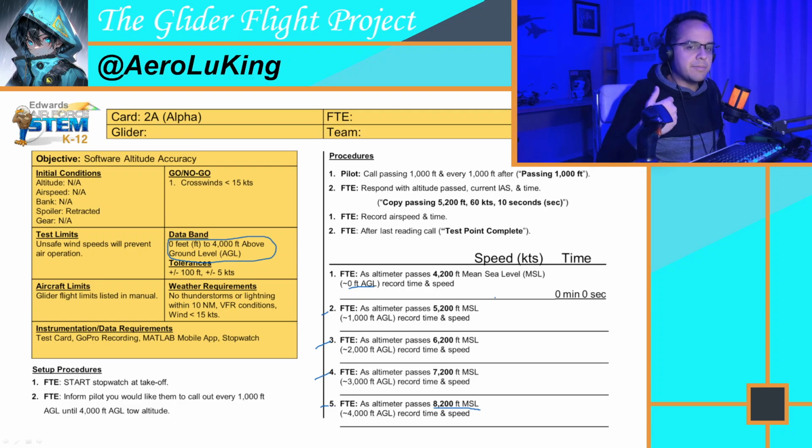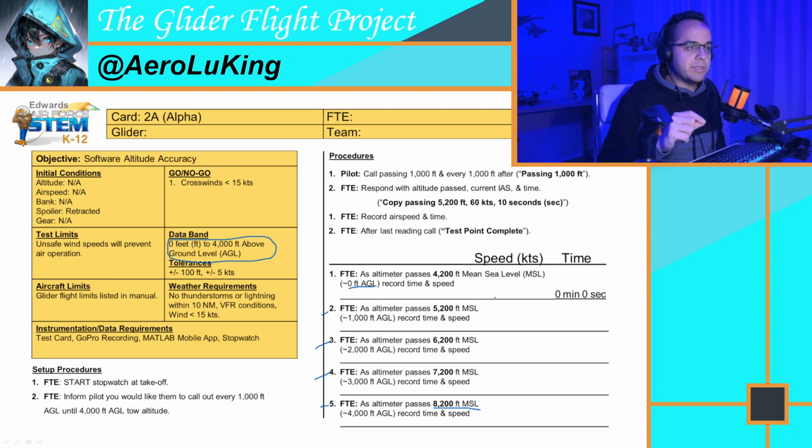But let's say they say, yeah, sure, that's no problem, I'll do that. So the expectation as the procedure is saying, hey, pilot, as you pass 1,000 feet and every 1,000 feet after, please state passing 1,000 feet. Once they say that, it will be your job as you pass 1,000 to write down what the speed is and the time lapse.